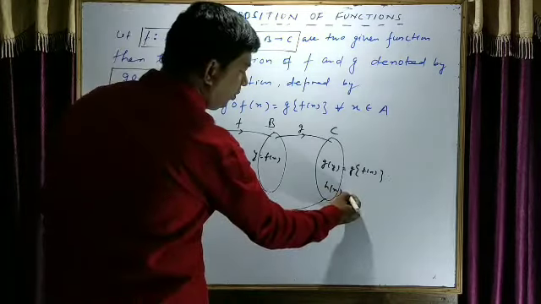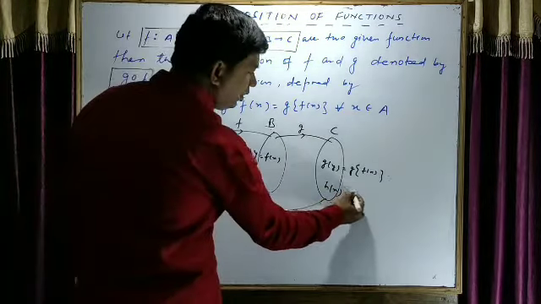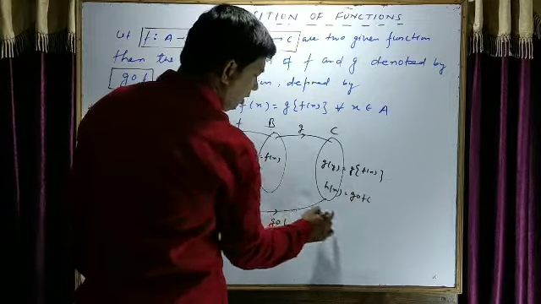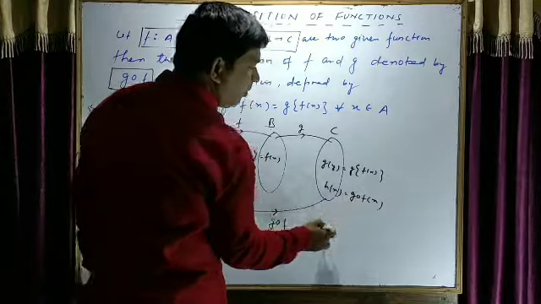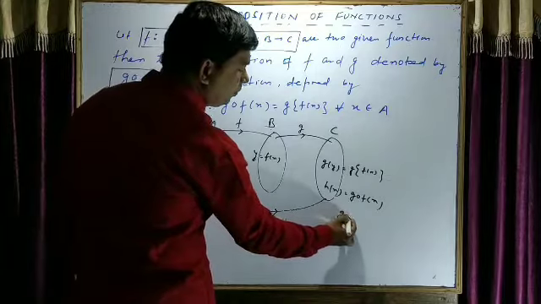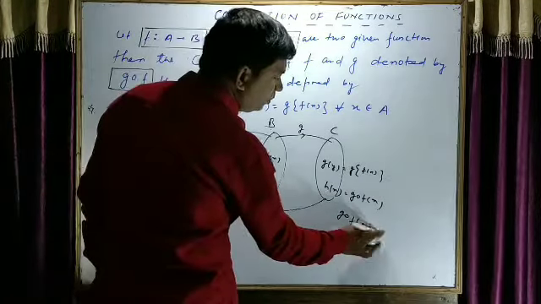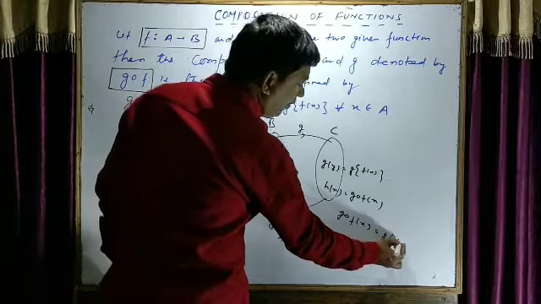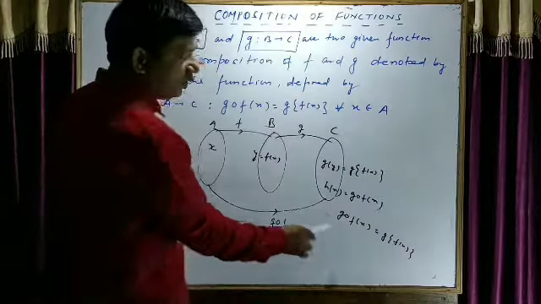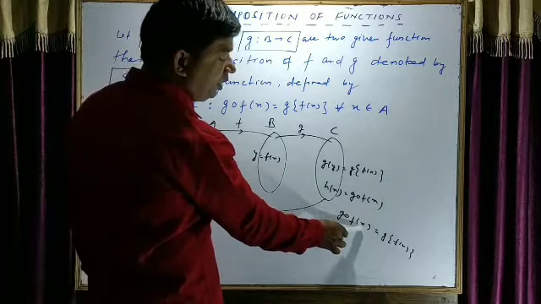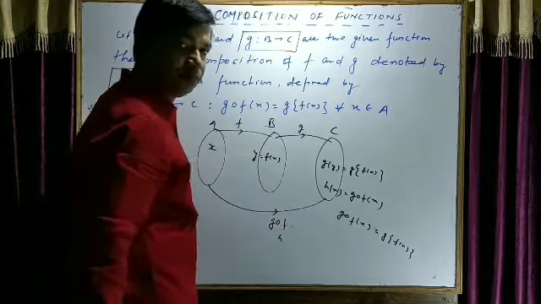So h of x means what? h means GOF. So GOF of x is equal to g of f of x.